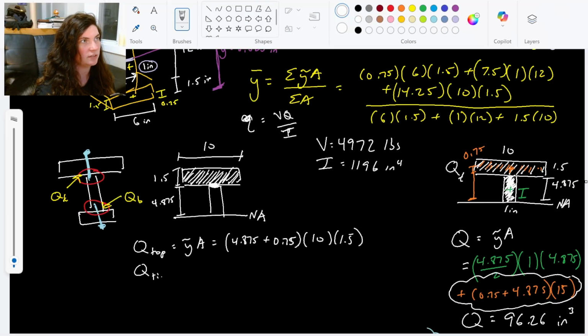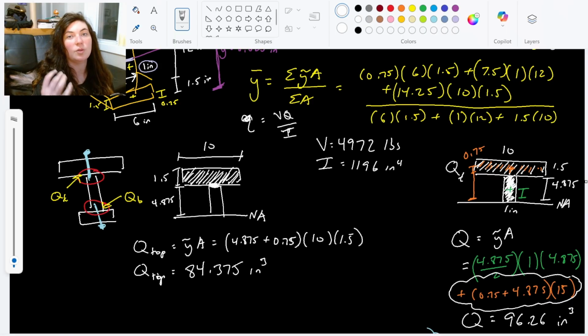So it is a different Q value. This Q value is 84.375 inches cubed. So that's our most critical part. Our most critical part is don't make the mistake of using this Q value that we used before. You need a new Q value at this intersection point.